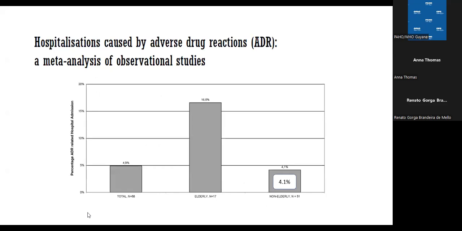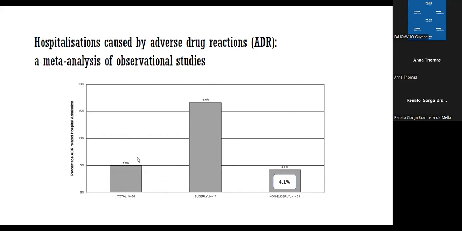Here's a study assessing hospitalizations caused by adverse drug reactions in patients of any age. This is a meta-analysis of observational studies. Here is the total number and percentage of hospitalizations caused by adverse drug reactions.